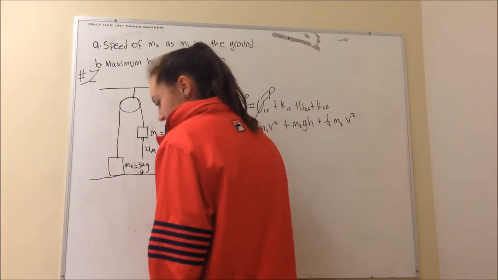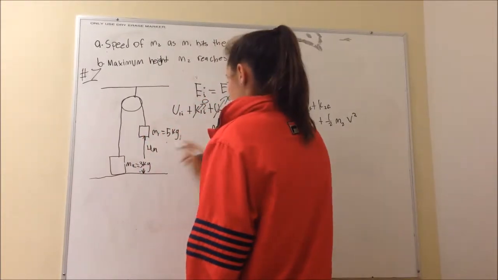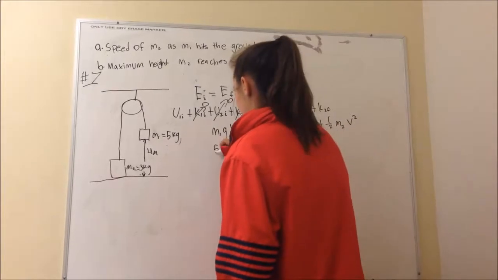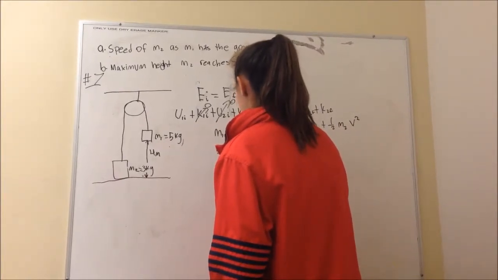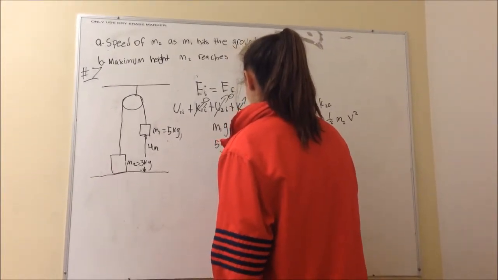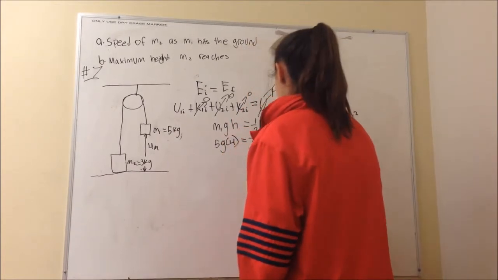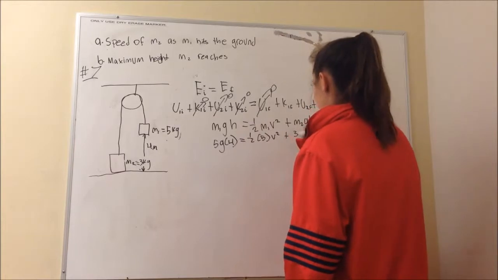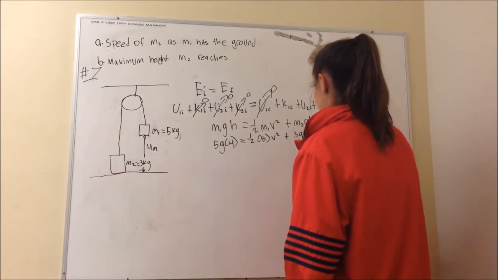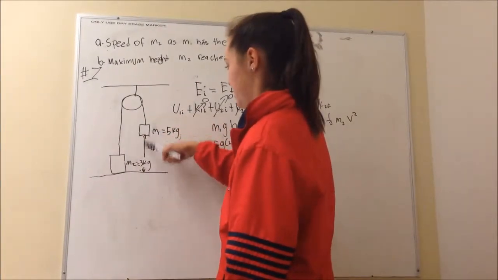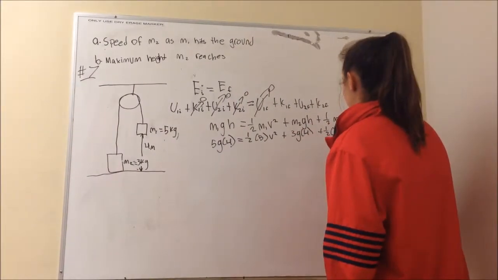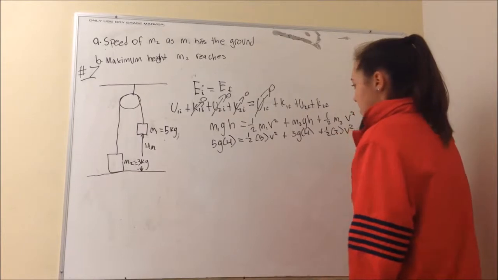Okay, and then we're going to just fill in the masses, the givens, so 5g times 4 equals 1/2 times 5 v squared plus 3g times 4, because this will be at 4 when this is 0, plus 1/2 times 3 v squared.